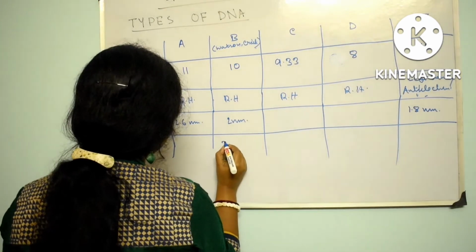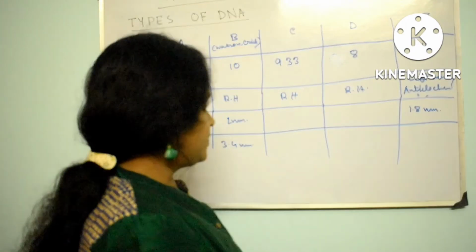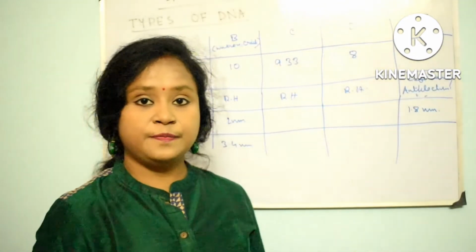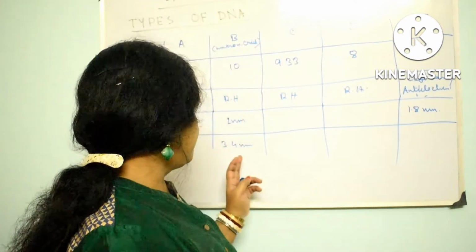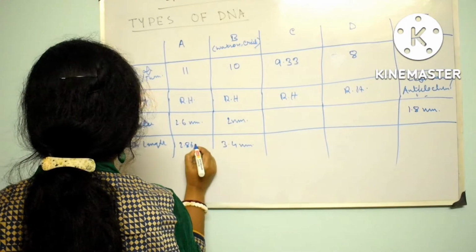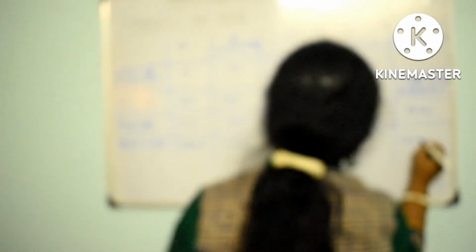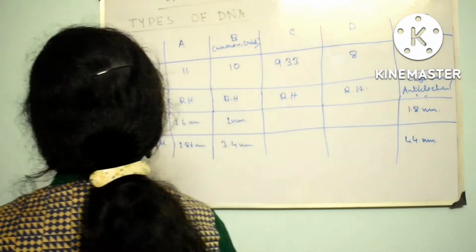In B DNA, it is 3.4 nanometer. And what is pitch length? To know this point, please consult my previous lecture. For A DNA, 2.86 nanometer pitch length. In Z DNA, 44 nanometer pitch length.